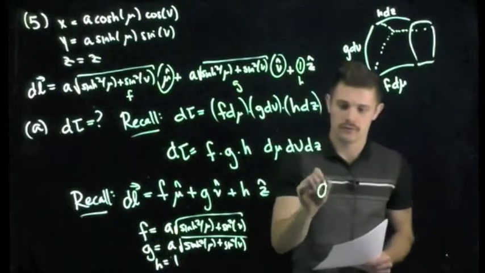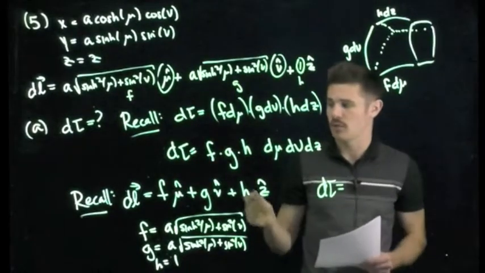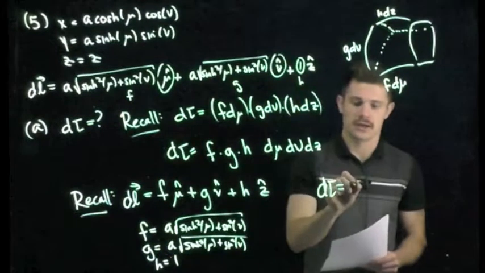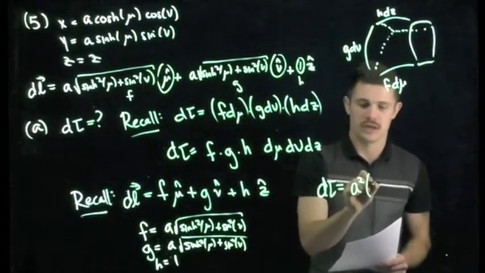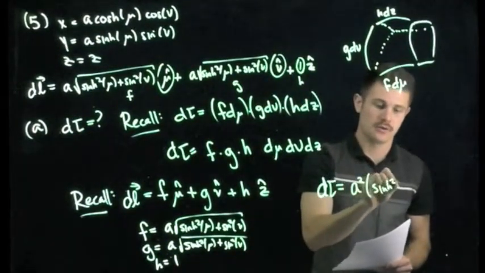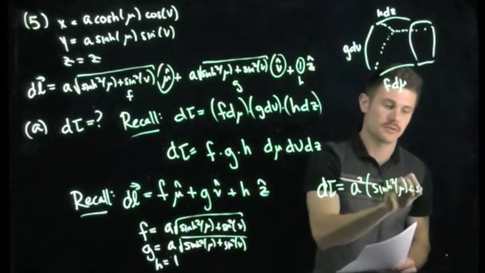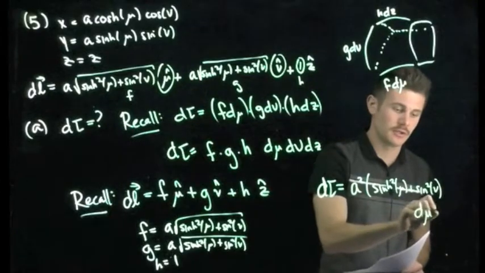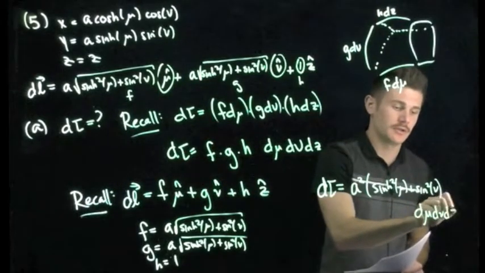So we can finalize the problem by saying that d tau is f times g times h. So we're going to get a squared multiplied by sinh squared mu plus sine squared nu, d mu d nu dz.